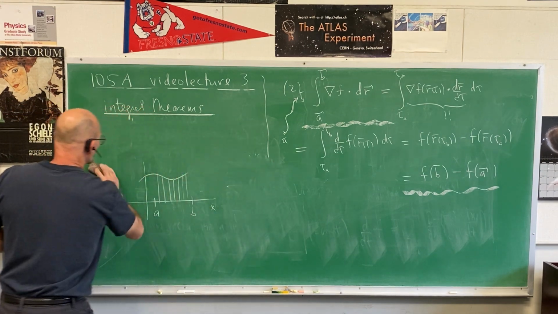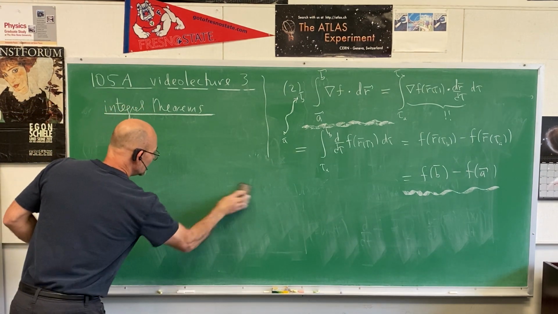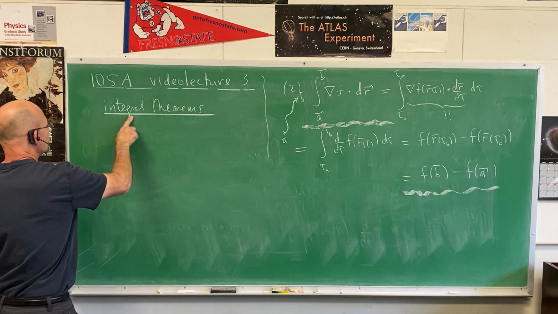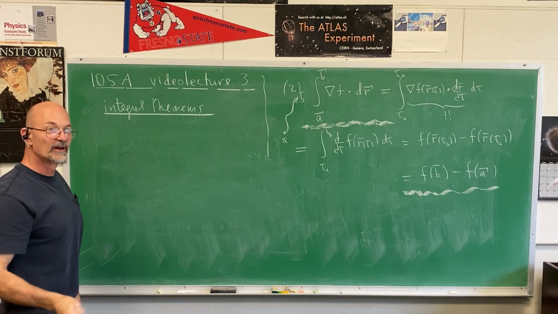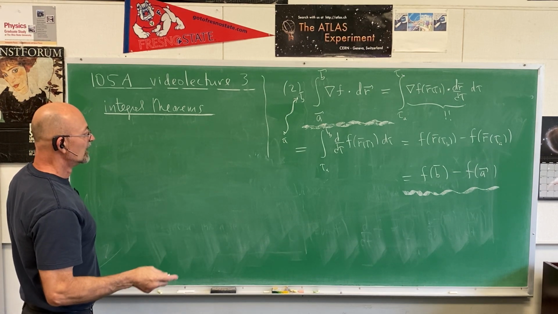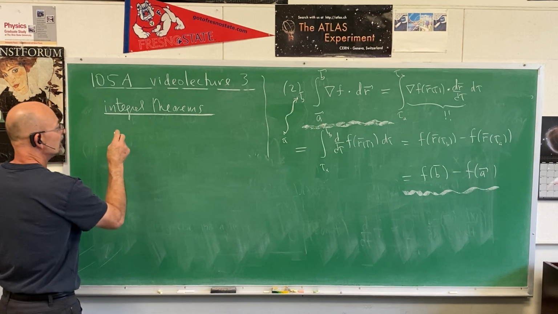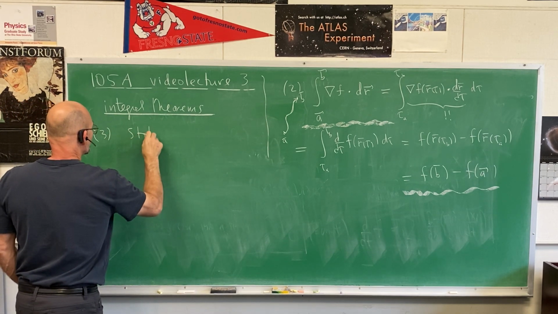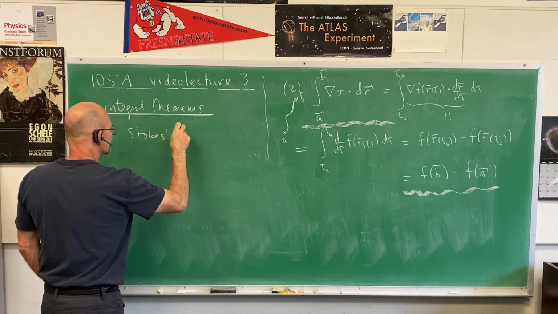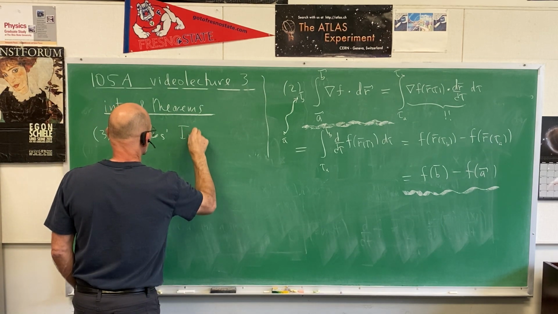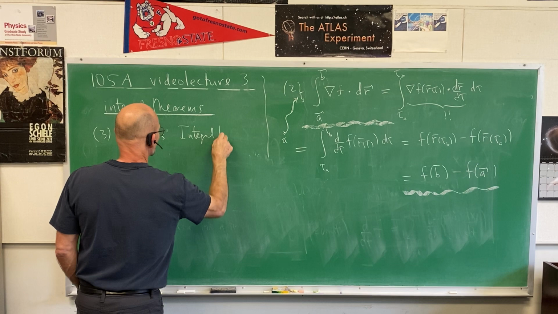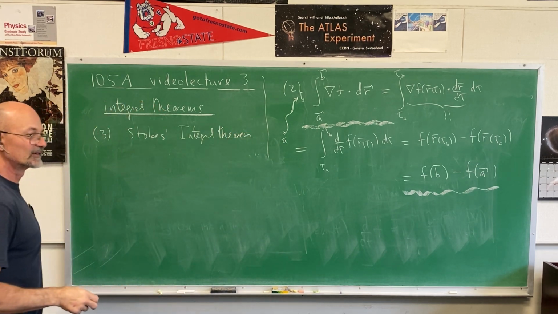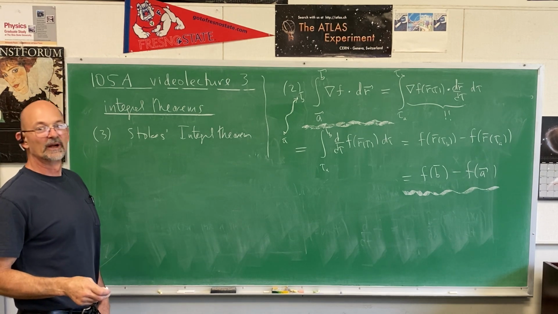Now let's do the next one. And now I'm not going to prove these. I could, my rudimentary Riemann sum proof. I find those to be pretty fun. But the next one here, number 3, this would be Stokes' integral theorem. So how do you remember these things if you're just trying to pull them out of your memory?